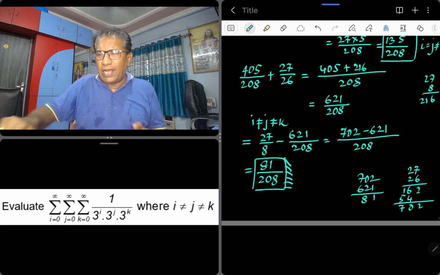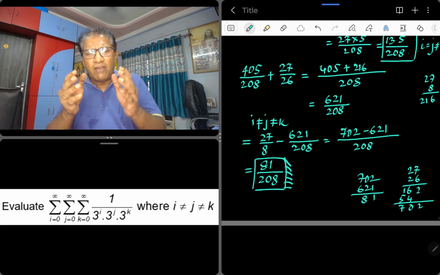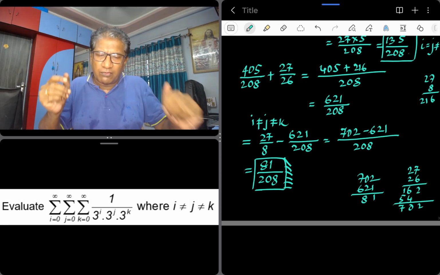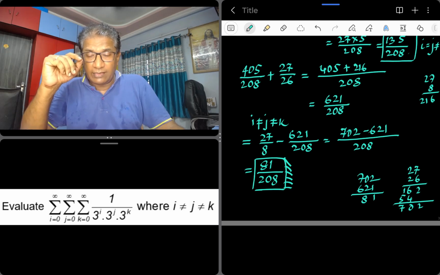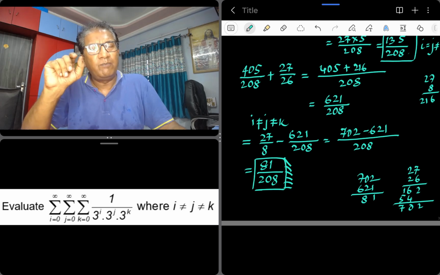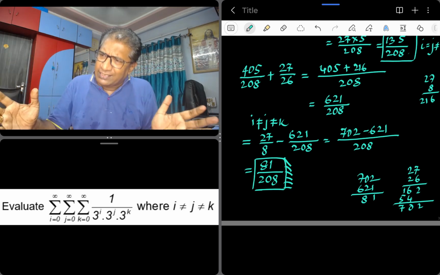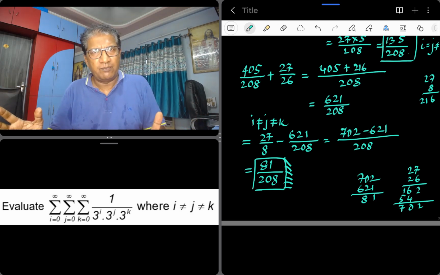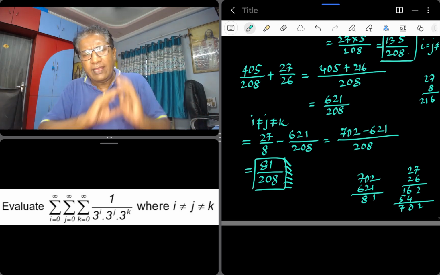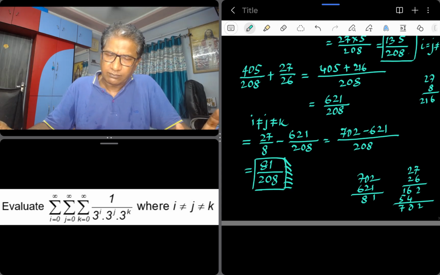So what I have done first is, when they asked me to find the sum of this series when the restriction is I is not equal to j is not equal to k, first I got the sum of all the terms in that series simply by ignoring any restriction.